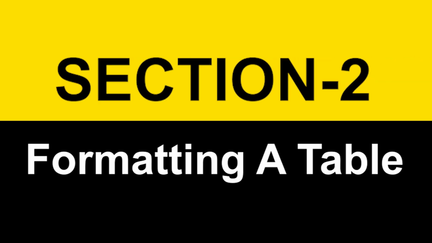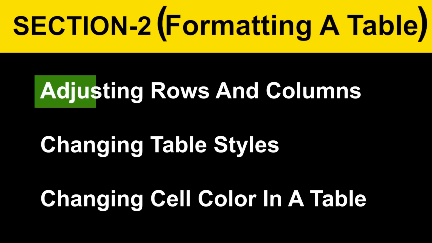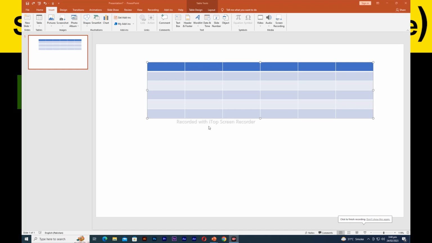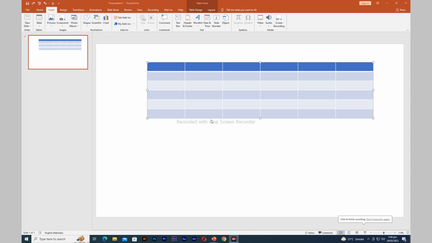Section 2. Formatting a table. Let's input the data in the created table and format it. Adjusting rows and columns. To increase or decrease the height of rows in a table, bring the mouse at this point, click it and drag and drop like this.